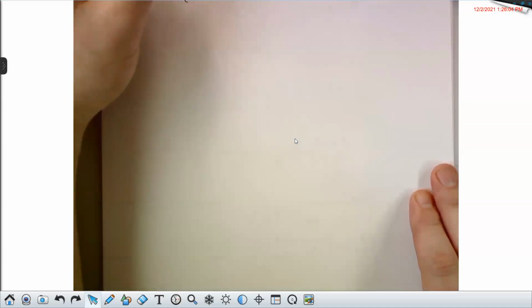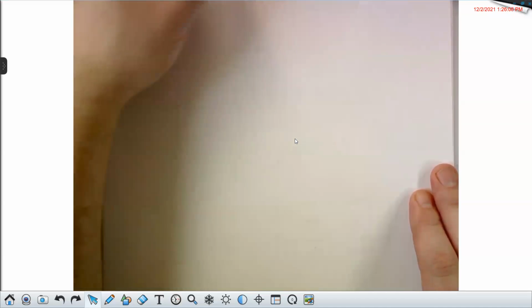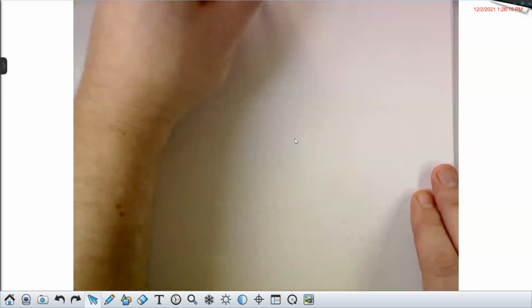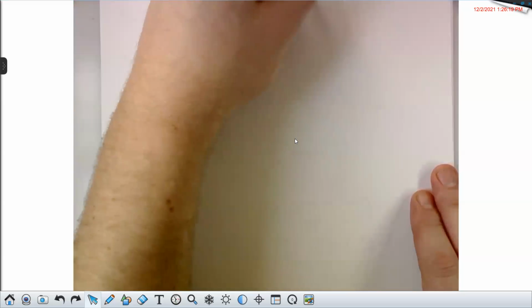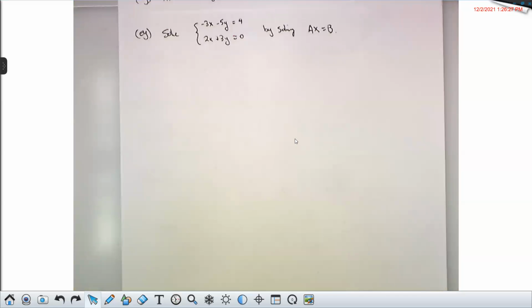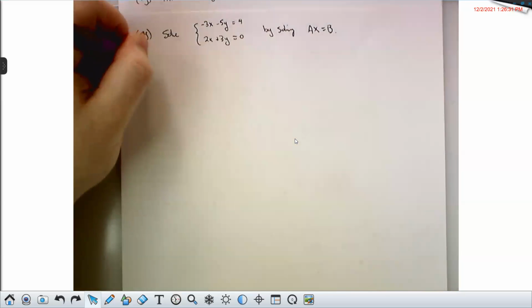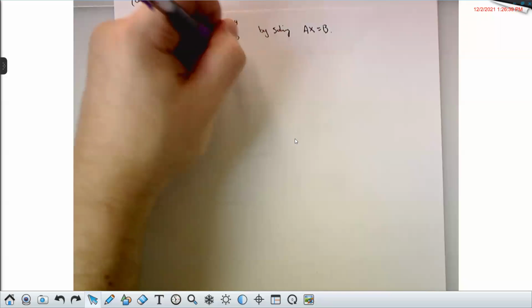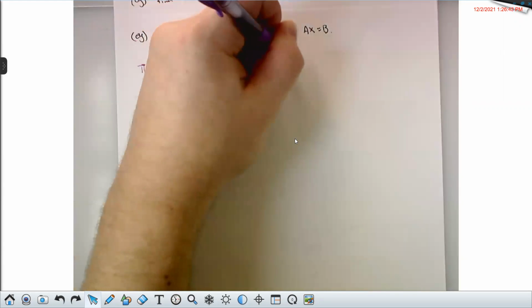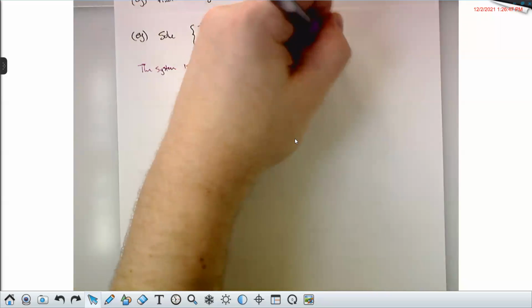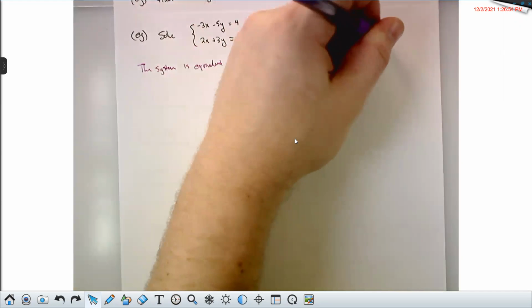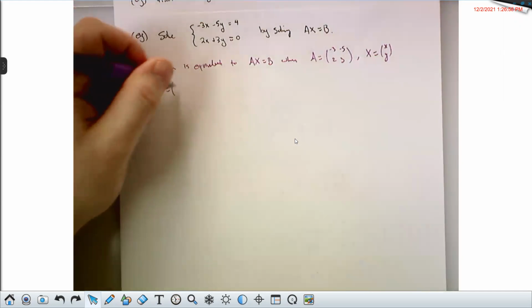Going to solve the linear system -3x minus 5y equals 4, and 2x plus 3y equals 0 by solving AX equals B. So remember, our system is equivalent to AX equals B, where A is this matrix, -3, -5, 2, 3. Capital X is the matrix little x, little y, and the matrix B is 4, 0.